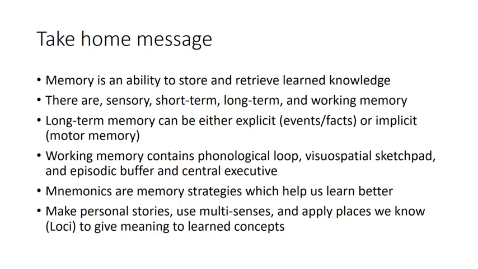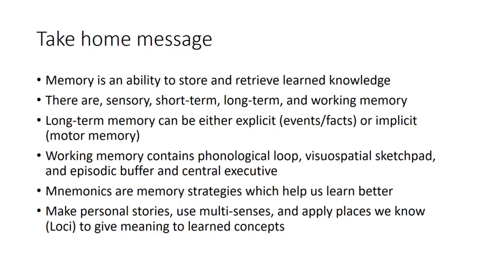To sum up, here are the take-home messages of today's lecture. First, memory is an ability to store and retrieve learned knowledge. There are sensory, short-term, long-term, and working memory. Long-term memory can be either explicit, which is about events or facts, or implicit memory.